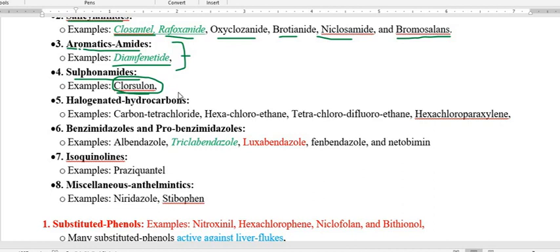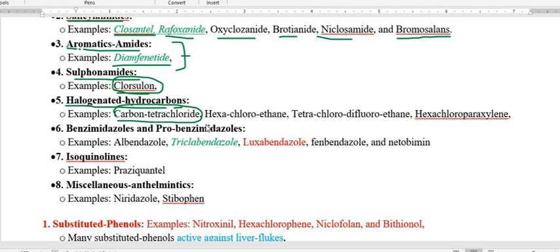Then under the halogenated hydrocarbons, the very old example is carbon tetrachloride. We have been using carbon tetrachloride from a very early time, so we can say this is the first drug for flukes in sheep.